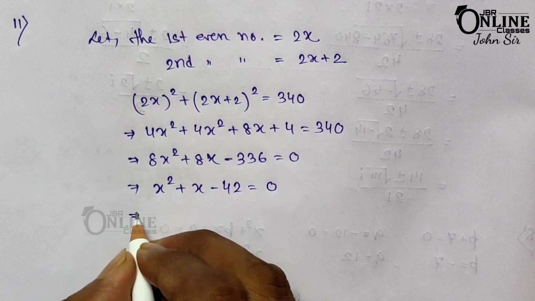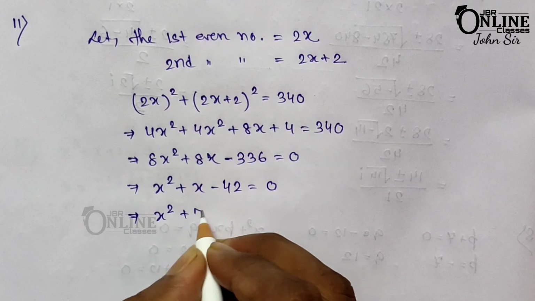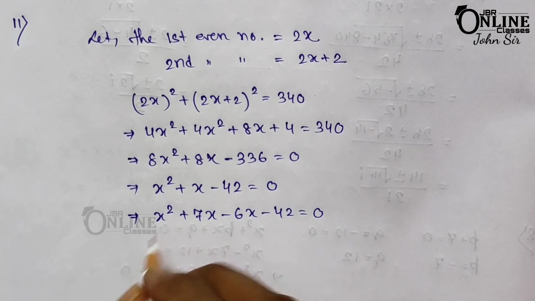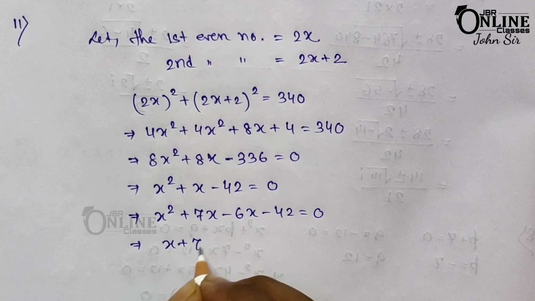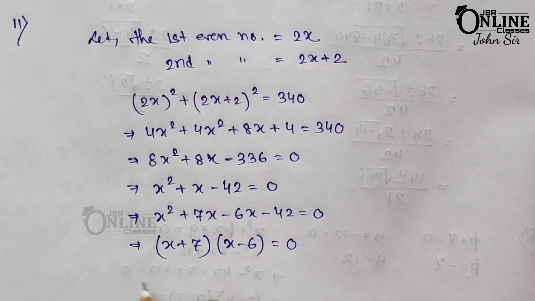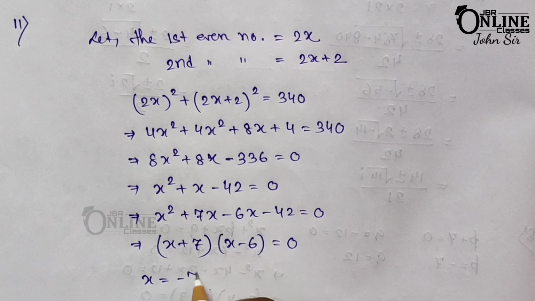Now here you can apply the middle term factorization method. So x square plus 7x minus 6x minus 42 equals 0. From that, (x plus 7) into (x minus 6) equals 0. So either x equals minus 7 or x equals 6.